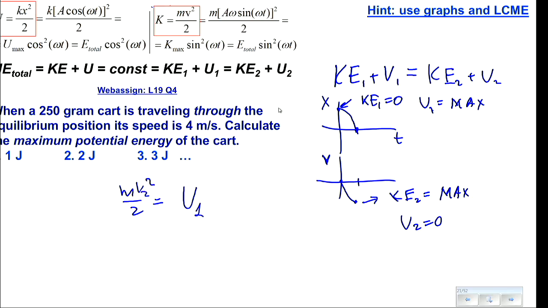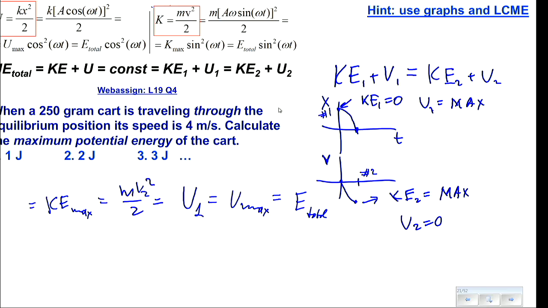This is my point number 1, and this is point number 2. Doesn't really matter. This is u max. This is actually kinetic energy max at its maximum. And that's actually also equal to total energy, total mechanical energy. Same number for all of them. And that's supposed to be what it is.